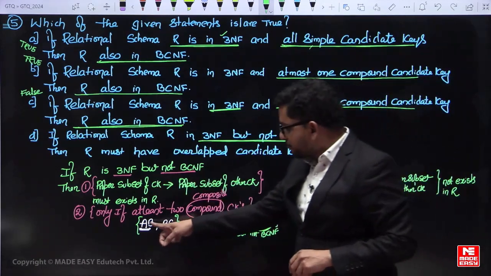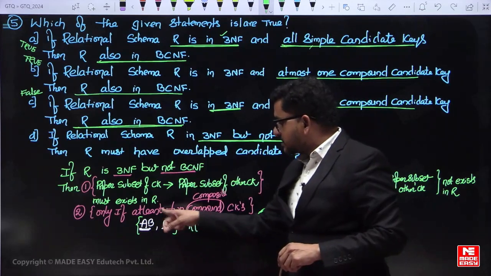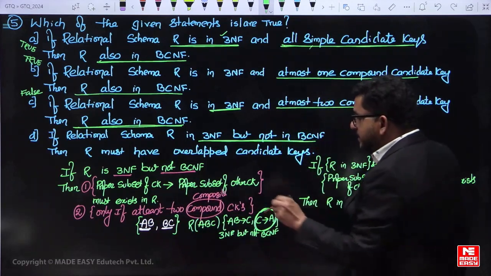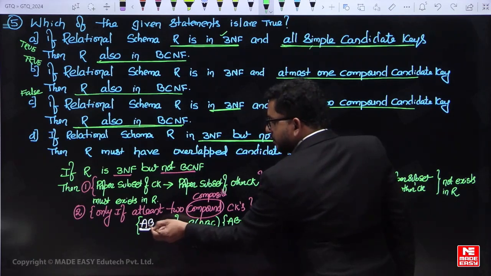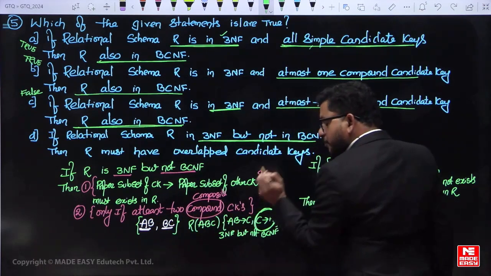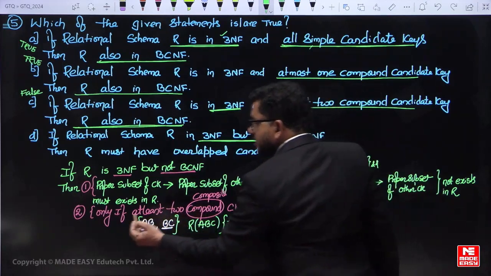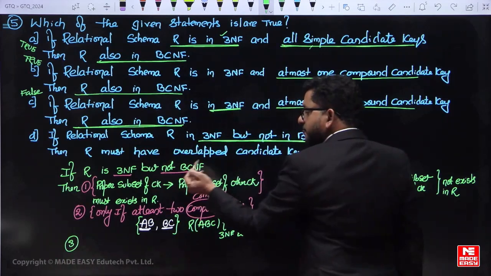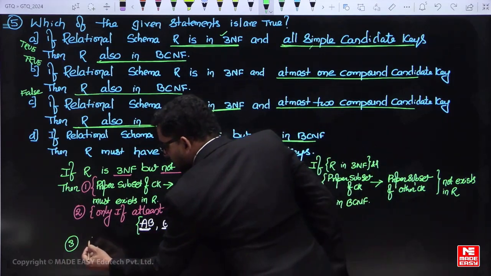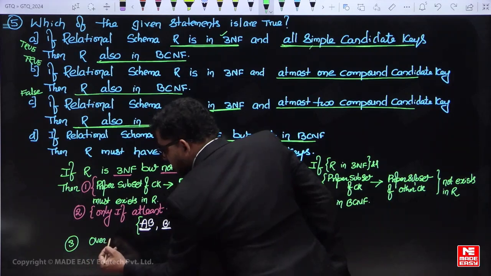One proper subset of a key, C, determines another proper subset of a key. It means there is an overlapped key also: B is common. Not only two composite keys, but overlapped candidate keys also. So the other possible statement for 3NF and not BCNF is that an overlapped candidate key must exist.